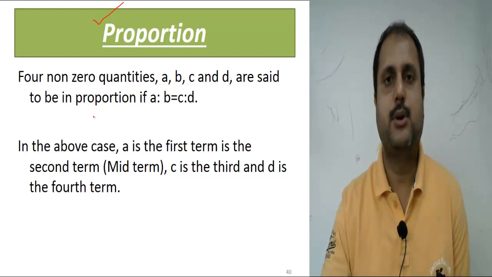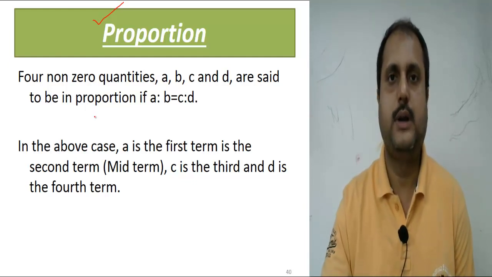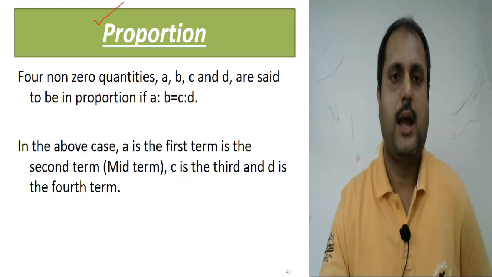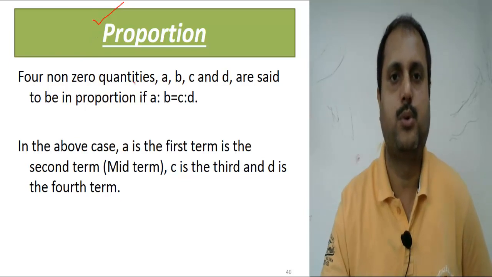So the comparison between two quantities or two data is called the ratio, and the comparison between two ratios is called the proportion.